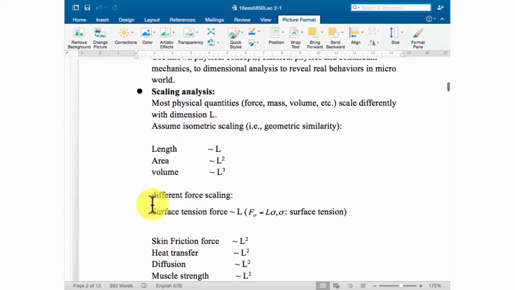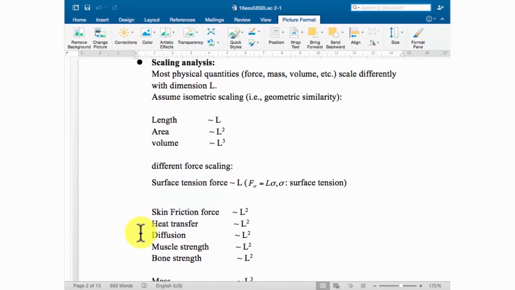When we talk about different forces, we have different kinds of force: body force, surface force, line force. Body force scales with the length scale to the power 3. Surface force scales with the length scale to the power 2, and line force scales with the power 1.